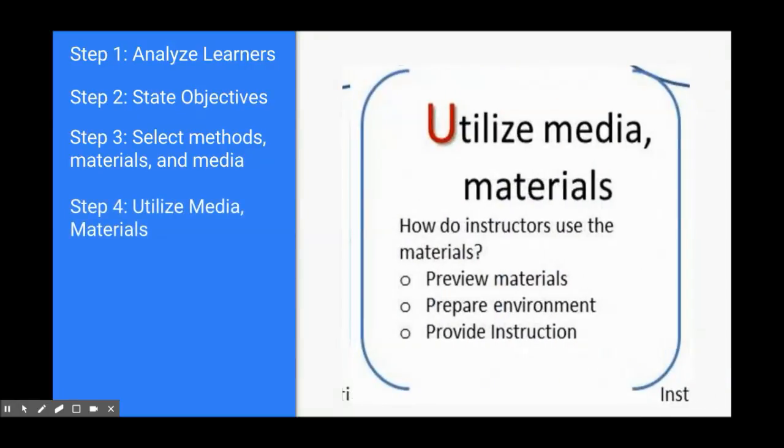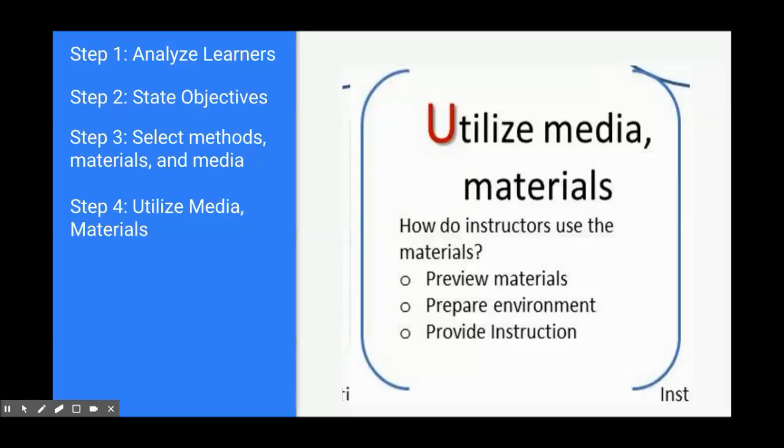The fourth step is going to be to utilize your media materials, making sure that, number one, they're appropriate for the classroom. And in a class where I talk about lots of controversial topics, it is extremely important for me to preview those materials to ensure that my students are getting, first of all, unbiased information, or if it is biased, make sure that I have materials that present the other side.